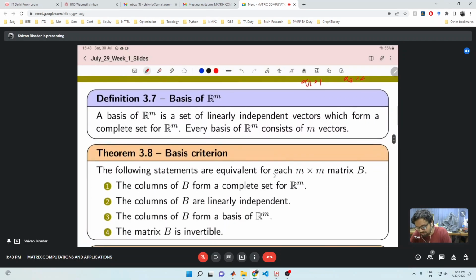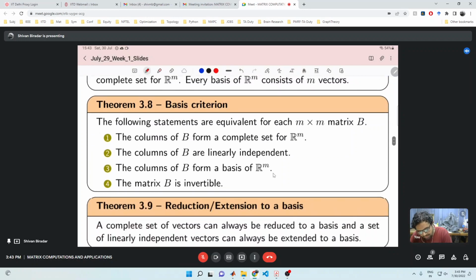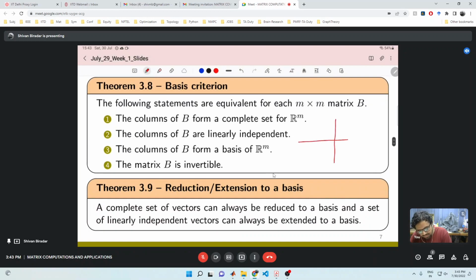So what is the basis of Rm? Again we are in m dimensional space, but for our convenience, we'll look at R2 only. I'll directly jump to an example. Let us consider that I have one vector here, (1, 0).